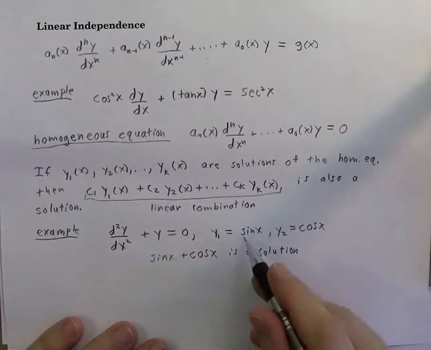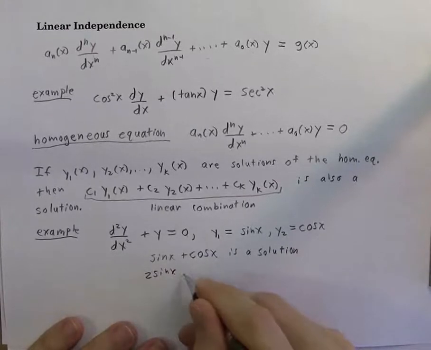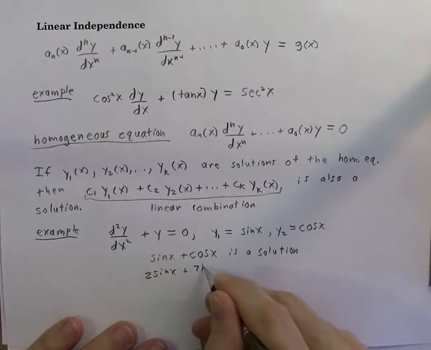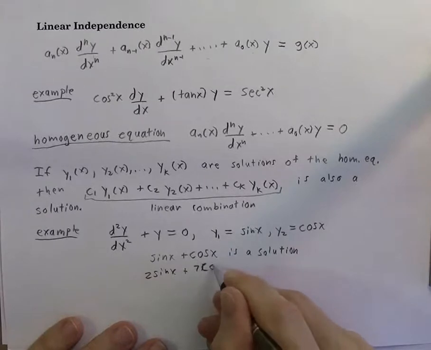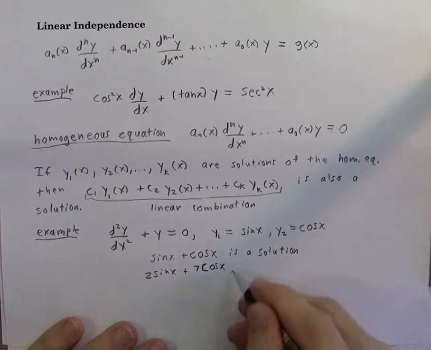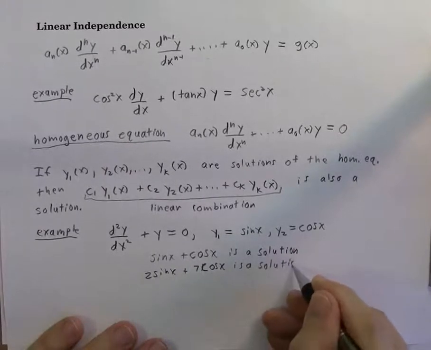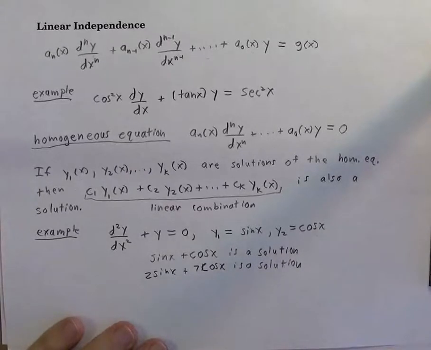Or let's multiply these by some constants. So let's take 2 sine of x and add that to 7 cosine of x. So another linear combination. And that also is a solution of the differential equation.